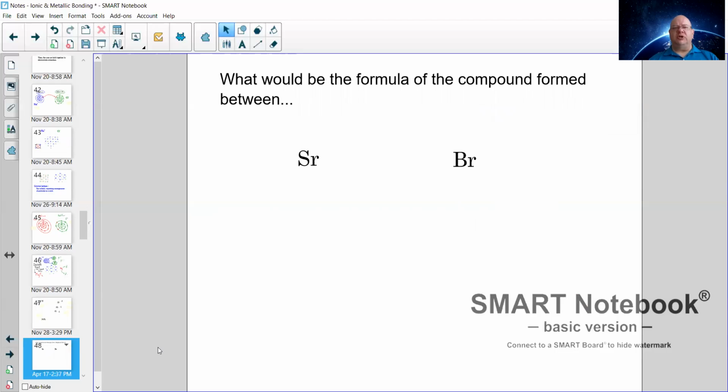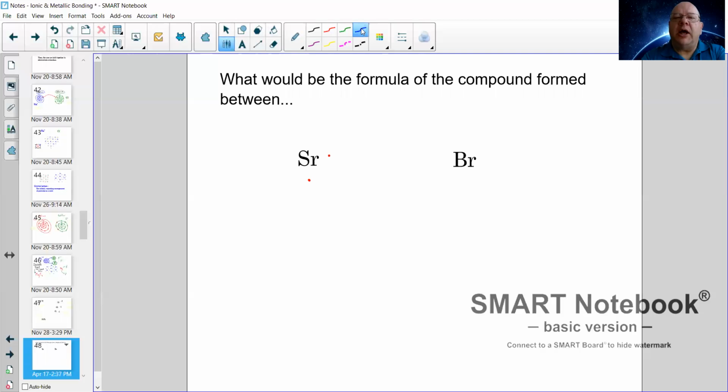So let's do a couple more examples. Let's think about strontium here. Strontium would have, let's see, two valence electrons.